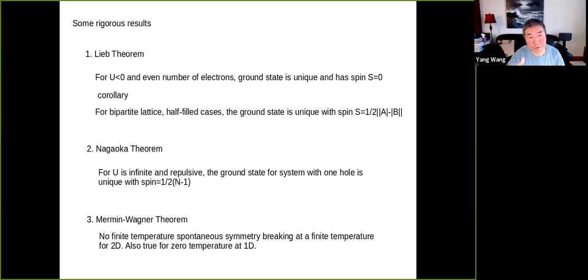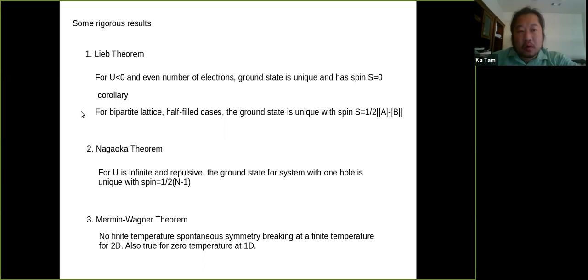Do all these three theorems only apply to 1D and 2D? How about 3D? No. The first two are generic, in any dimension. The third is for 2D: there is no phase transition at finite temperature in 2D, and there is also no phase transition at zero temperature in 1D.